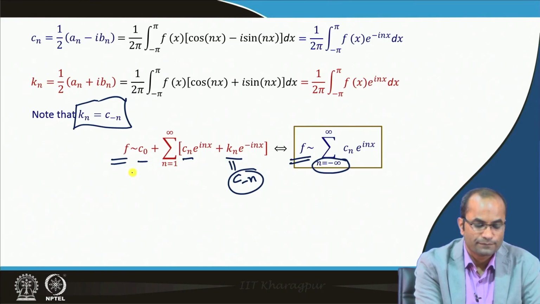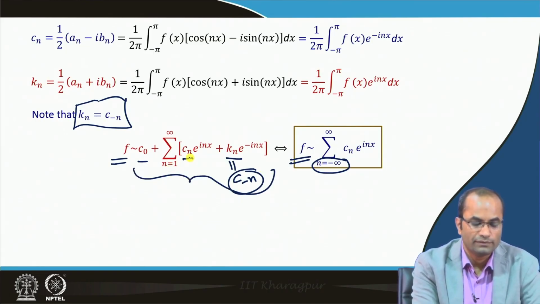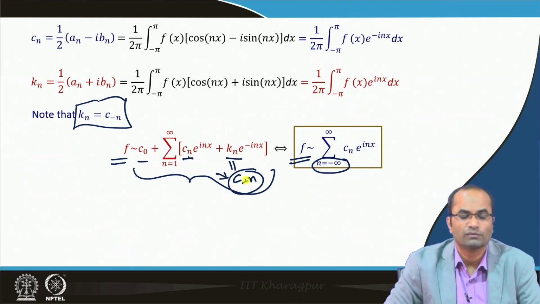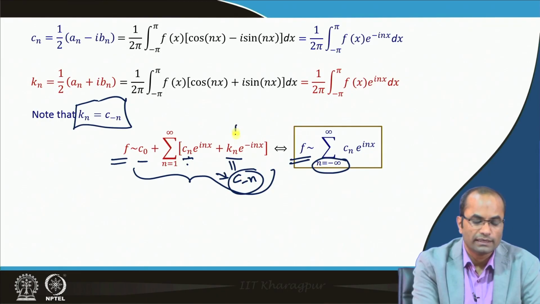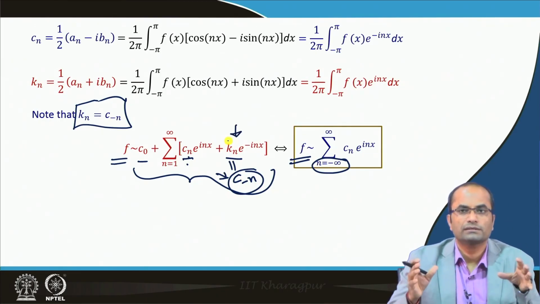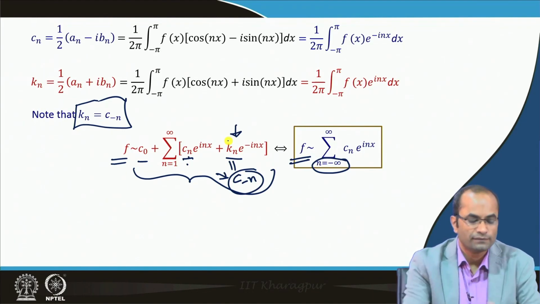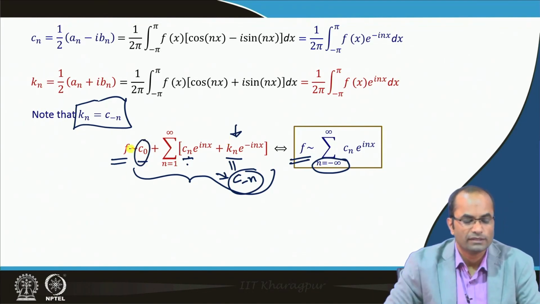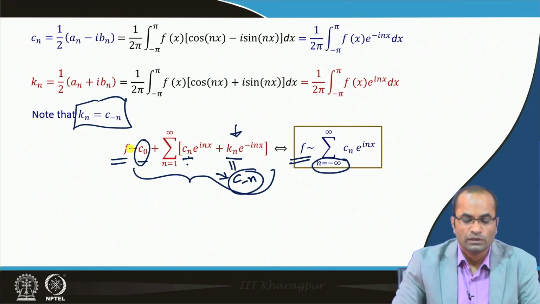So, in this form, when n is 1, we have c_1, but at the same time we have c_minus 1, then we have c_2, and at this place c_minus 2. So, all these plus and minus terms are appearing together here, and c_0 is already there in the front.